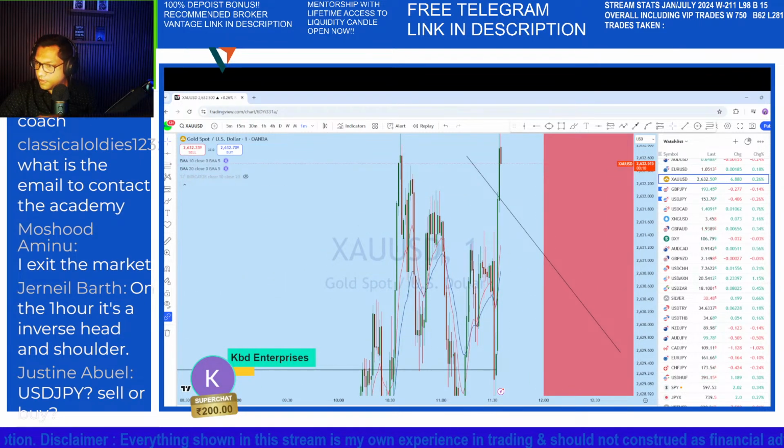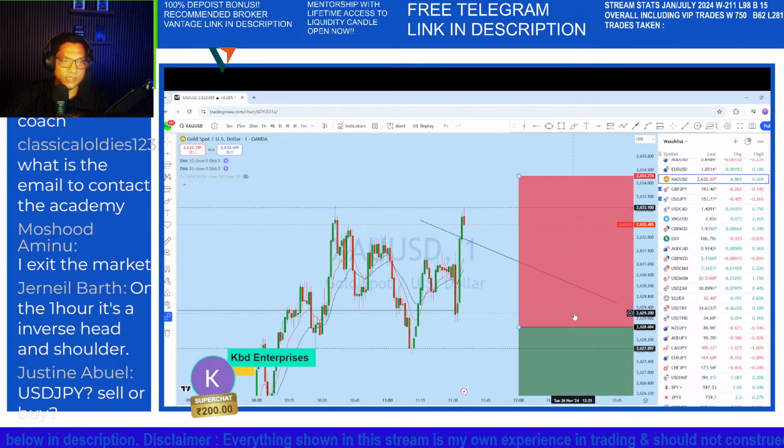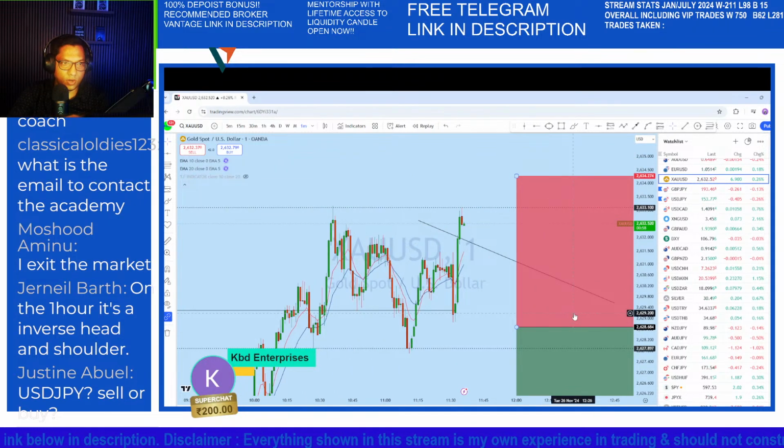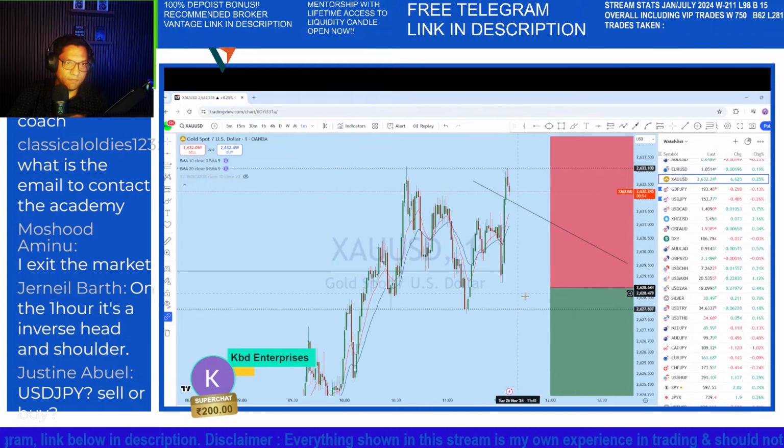and okay, so we can see one narrow candle formation which might lead the price again back to the support level.